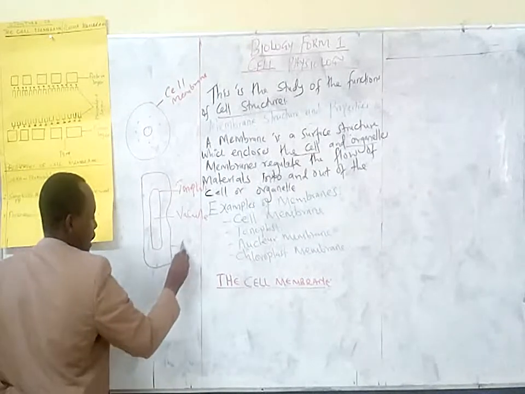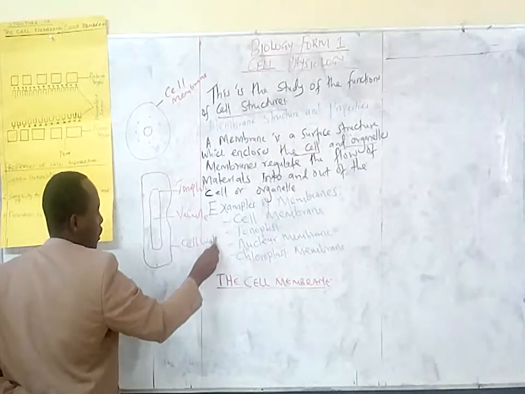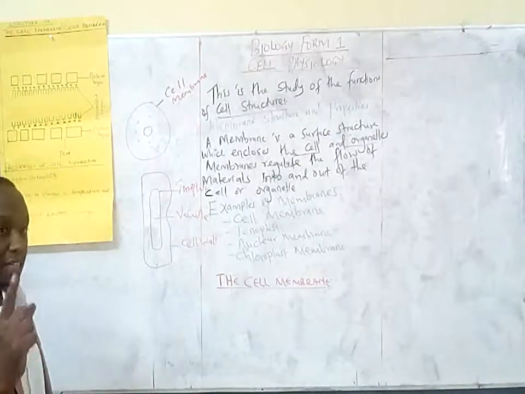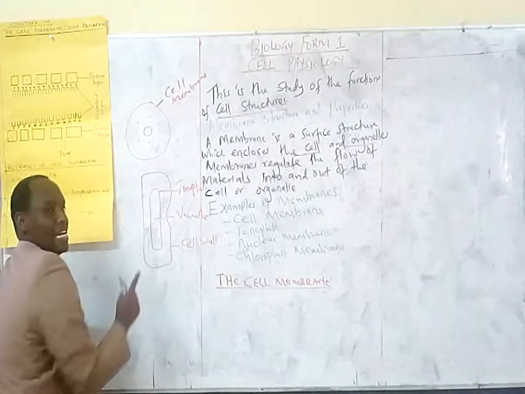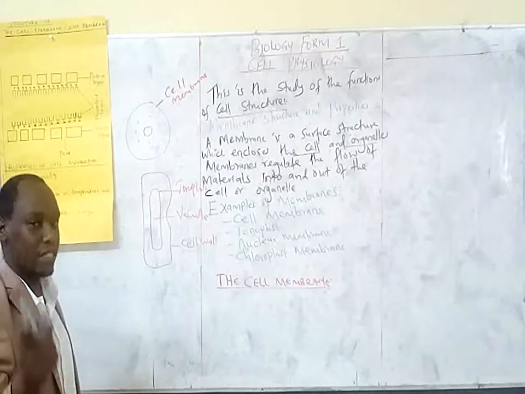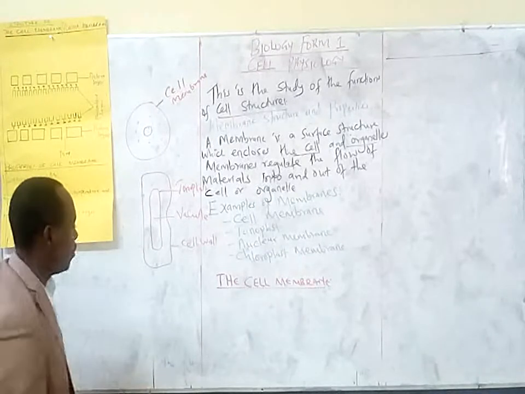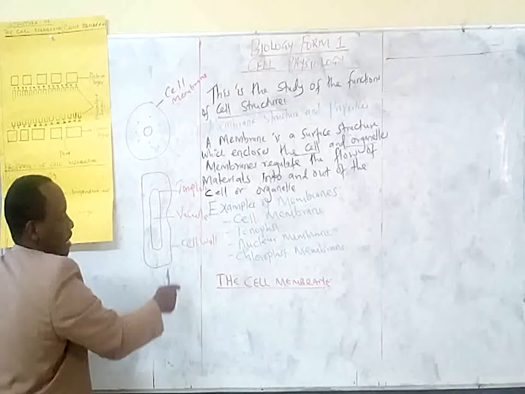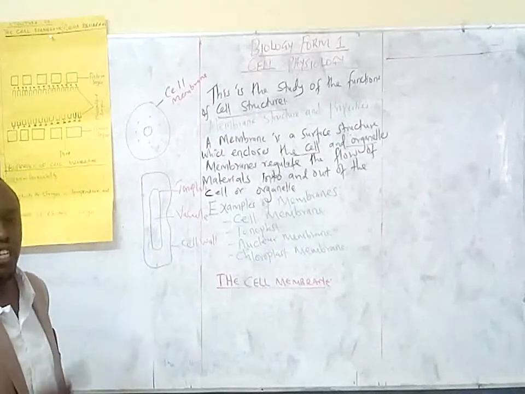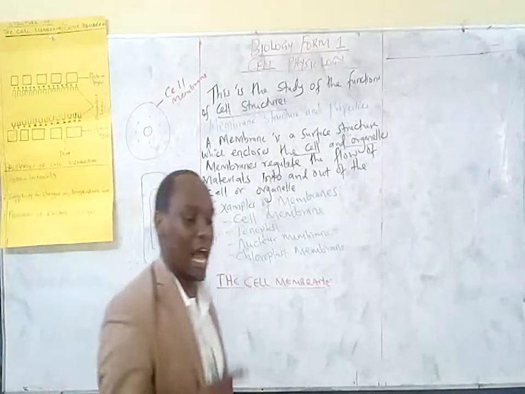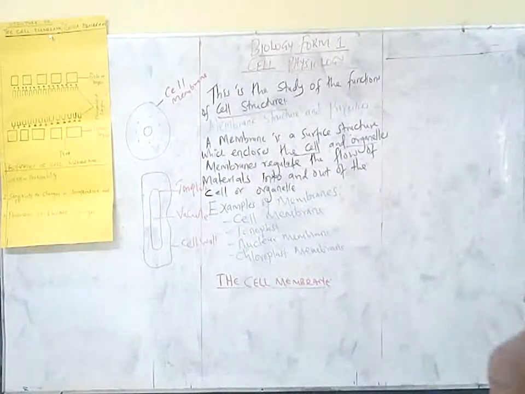This is the cell wall. Remember, animals do not have a cell wall. But plants have a rigid cellulose cell wall. And this rigid cellulose cell wall is the one that gives this plant cell a definite shape. So you need to understand that.